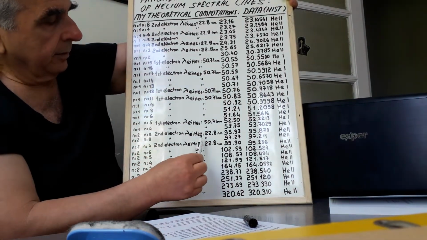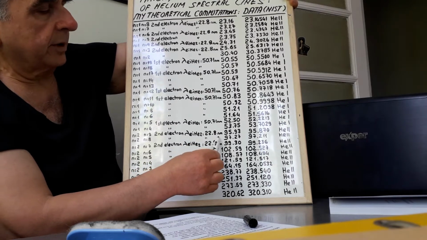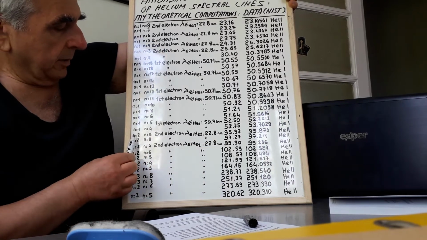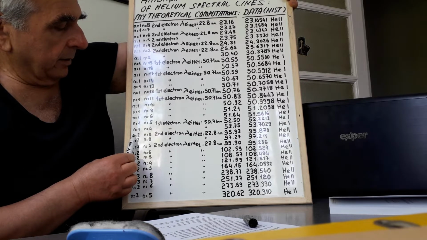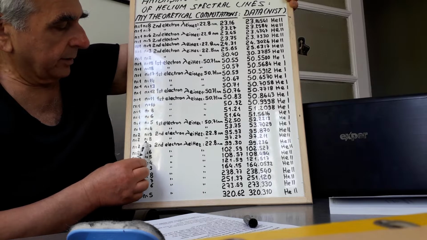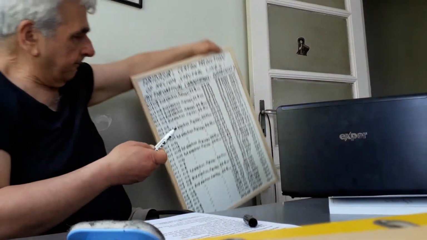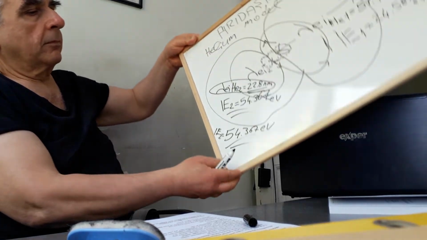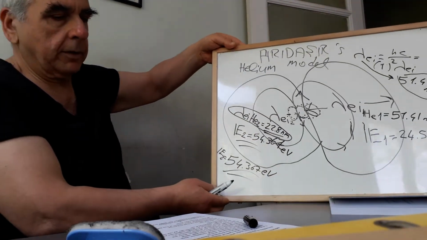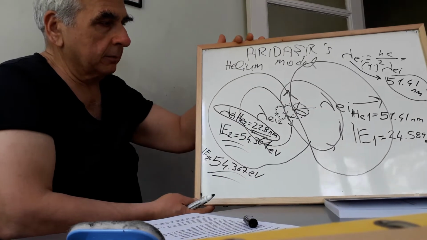Then again, smaller one, 22.8. N equal 2, n equal 9, n equal 2, n equal 8, etc. Okay, wait a moment, please. I will tell you again this step. Here, don't forget this.